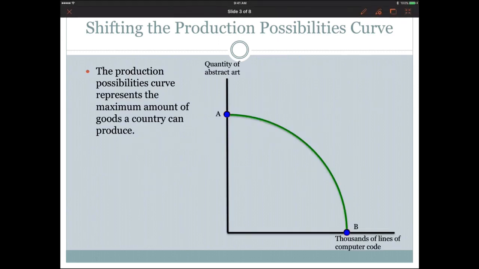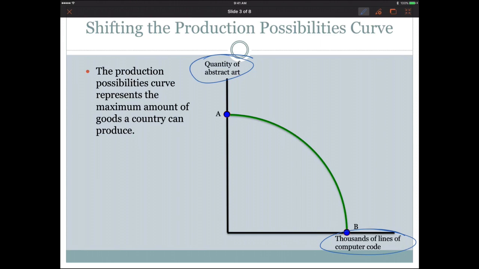Here's our typical PPC curve. On the vertical axis, we have the amount of abstract art we can make. And on the horizontal axis, we have all the computer code we could write to turn into software and so forth.